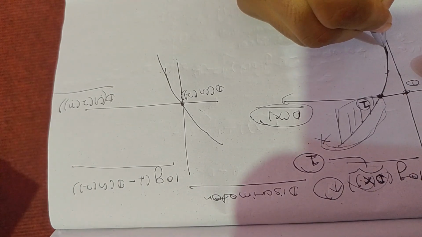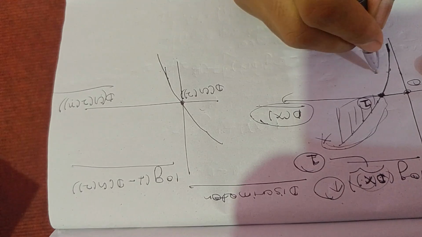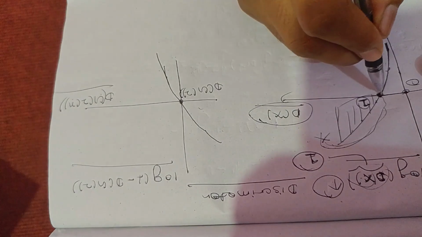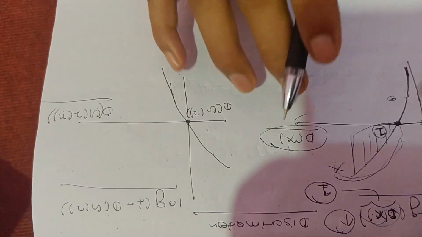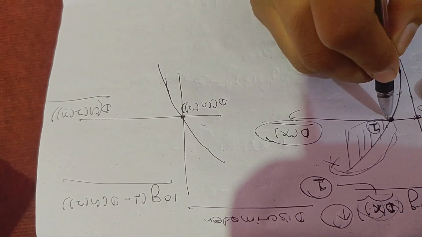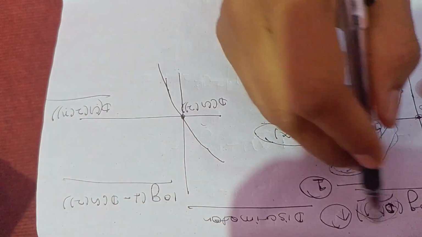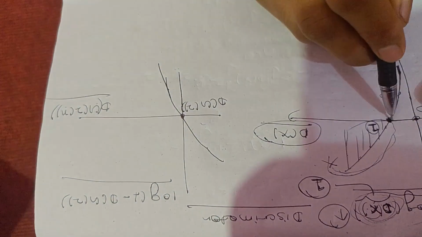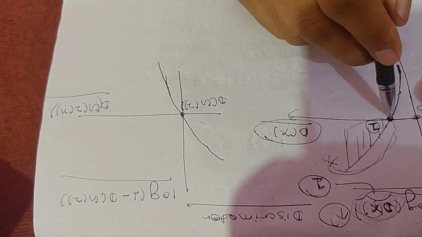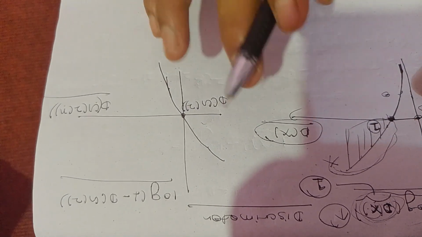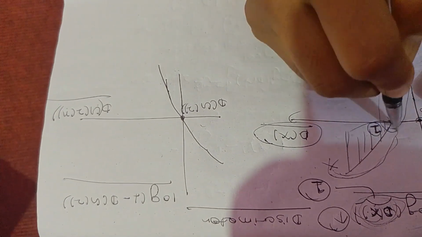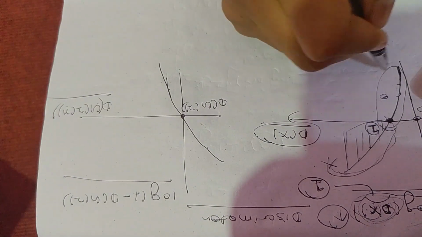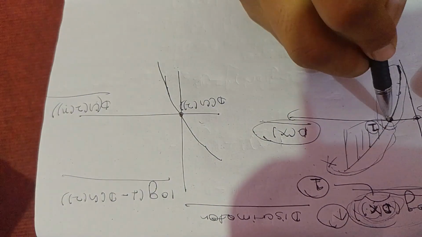Because log is negative here, the maximum is 0, when log of D of x tends to 0, that is, when D of x is equal to 1. If we maximize log of D of x, we will ultimately reach here.